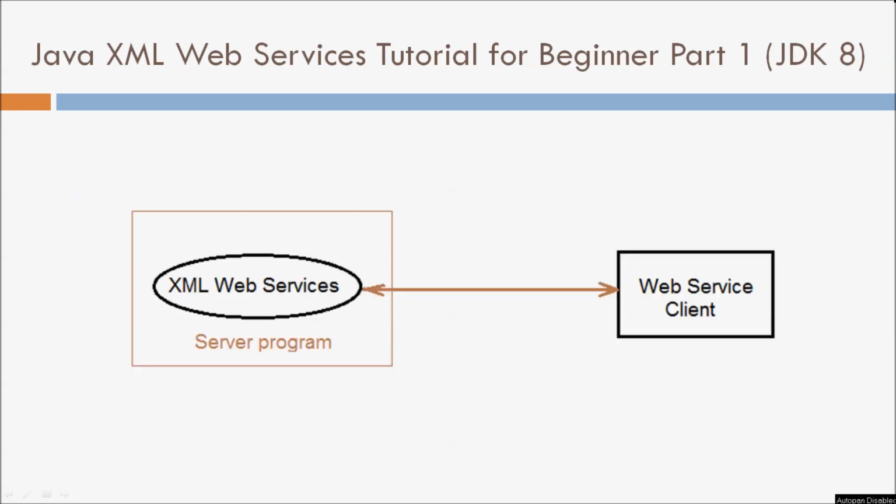And to help you get started with the Java API for XML Web Services, I will walk you through the process of developing a web service server program that hosts XML Web Services and a web service client program that consumes the web services.